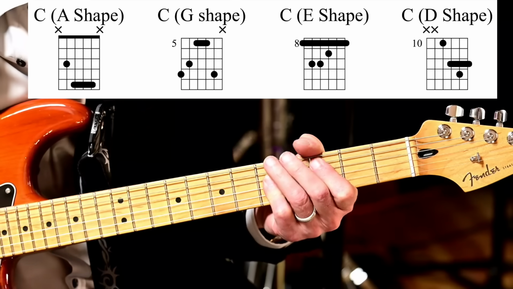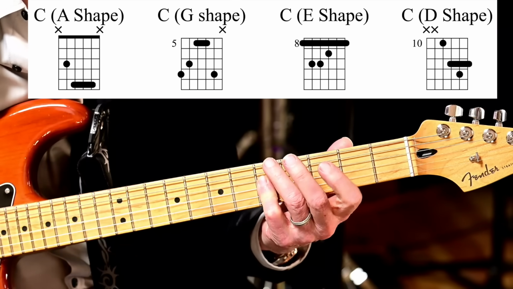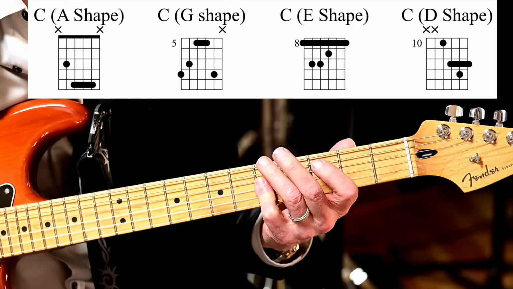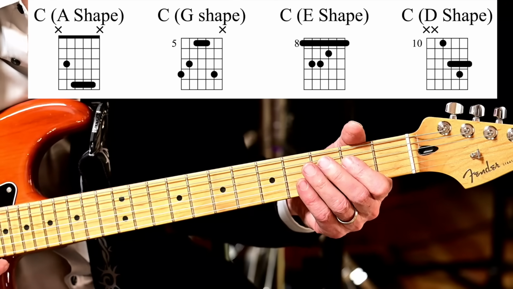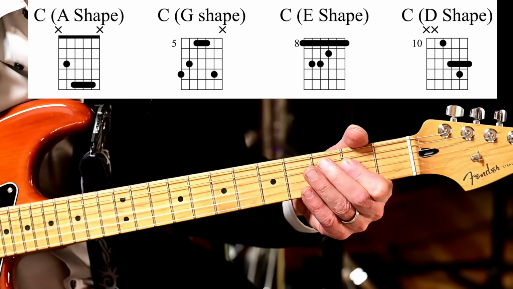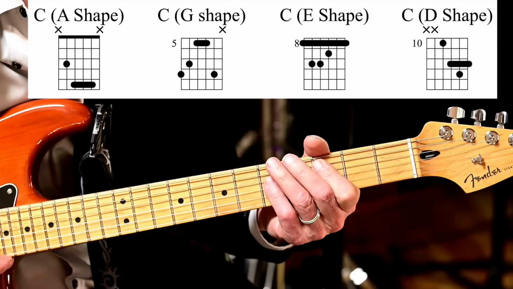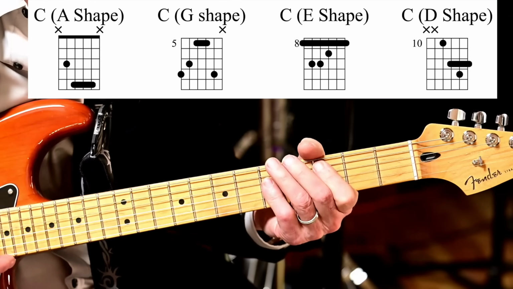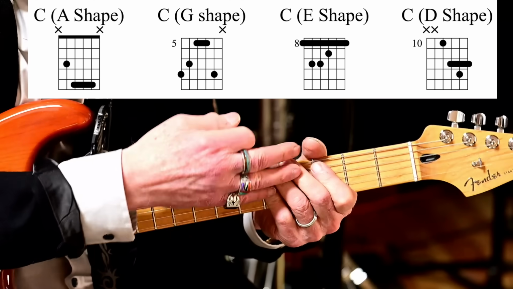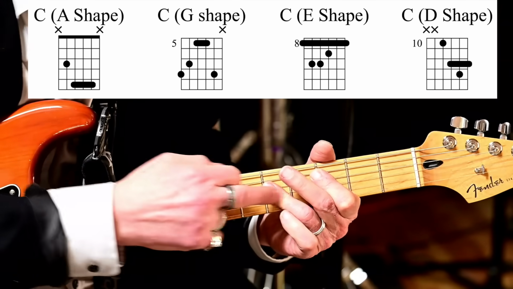So as you can see, this triad is the same orientation as this triad. So we're just moving it from A up to C. But it's still the A shape because of this right here.